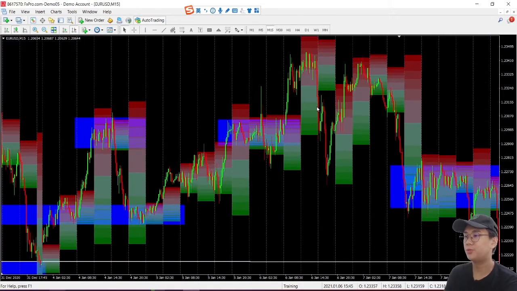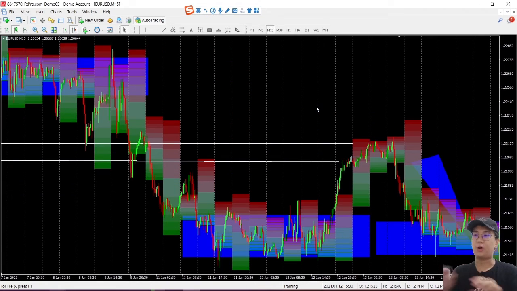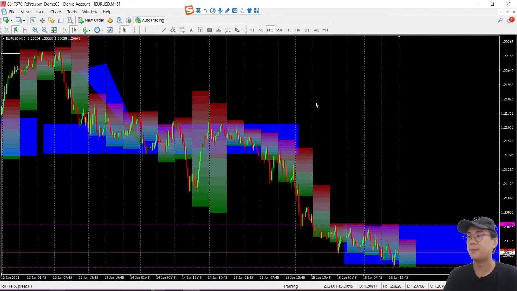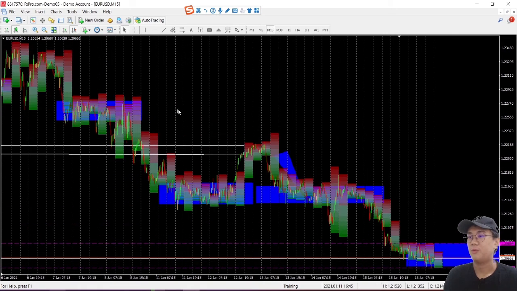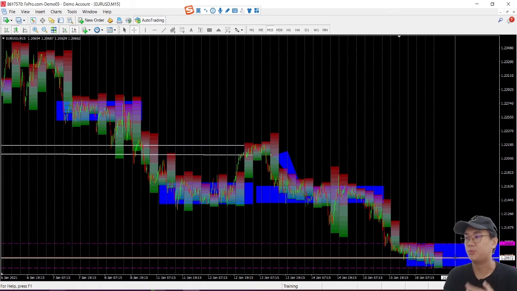So try to do this kind of value area plotting on your charts from a certain time frame, and you will start to see that the market is just that way. It won't move so far away or so crazily. Sometimes it does, but it always follows this kind of phenomenon, like value areas. When you want to go down, you need to reach the previous area.